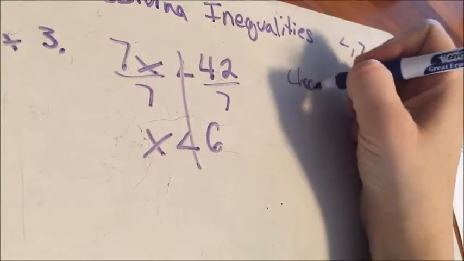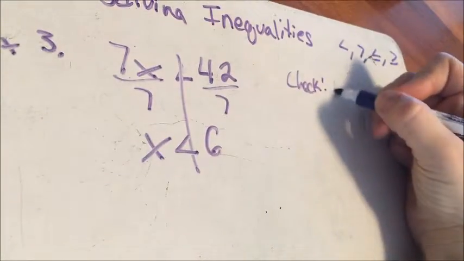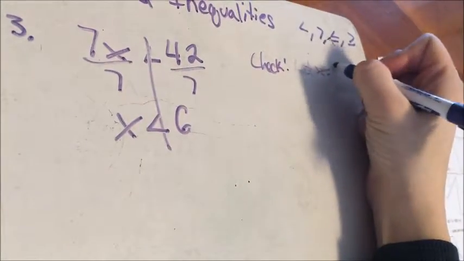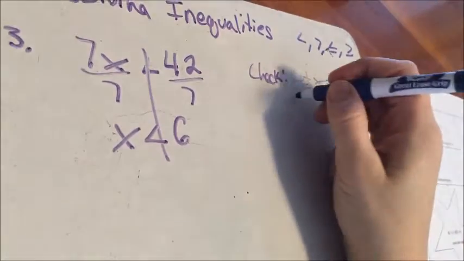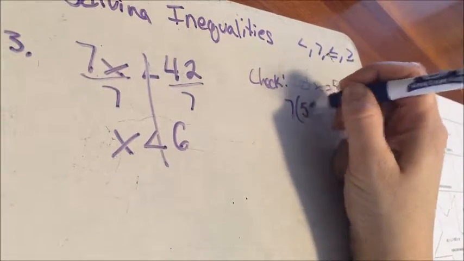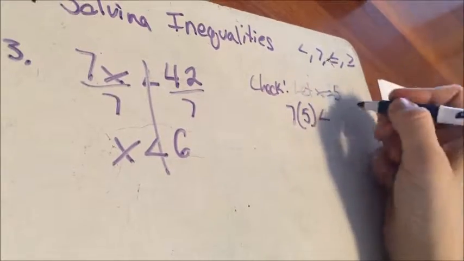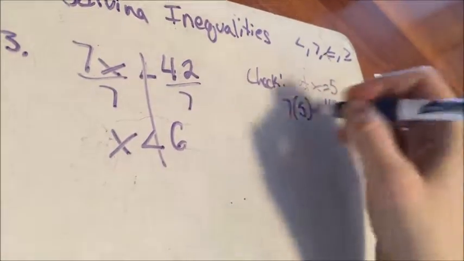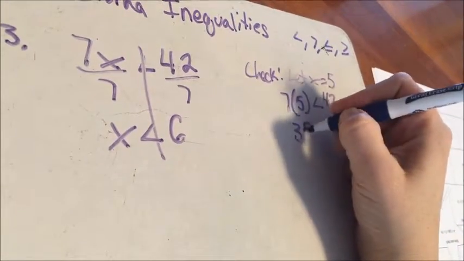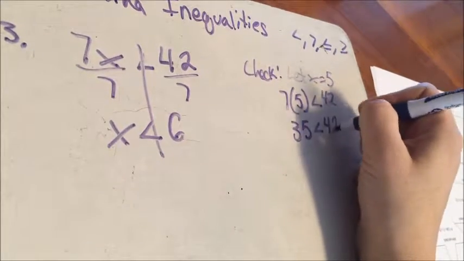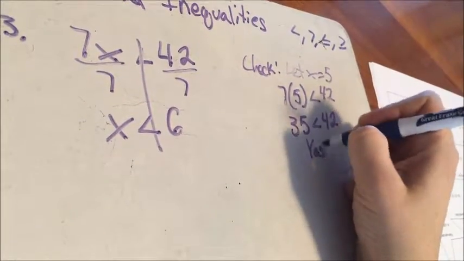So to check, I'm going to let x equal 5. So I'm going to do 7 times 5. That should be less than 42. 7 times 5 is 35. Is 35 less than 42? Yes, it's a true statement.